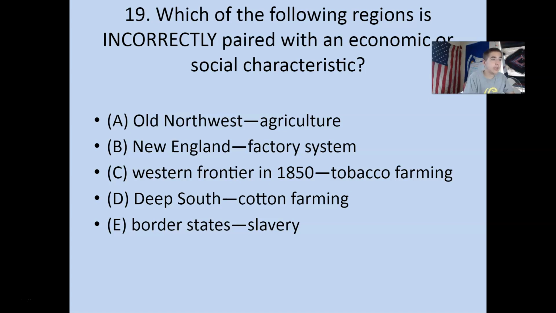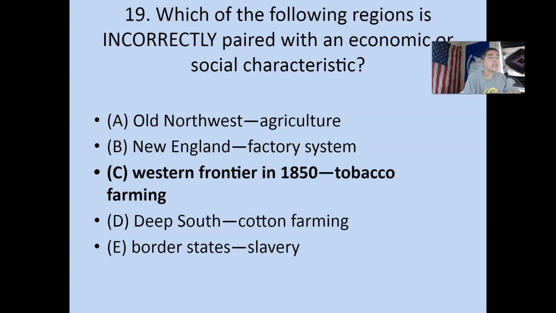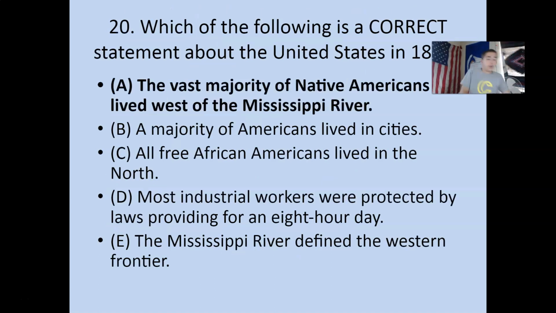Or E. Border states and slavery. The correct answer is Western frontier in 1850 and tobacco farming. Shoot! Well, the answer to this one is A. The vast majority of Native Americans lived west of the Mississippi River.